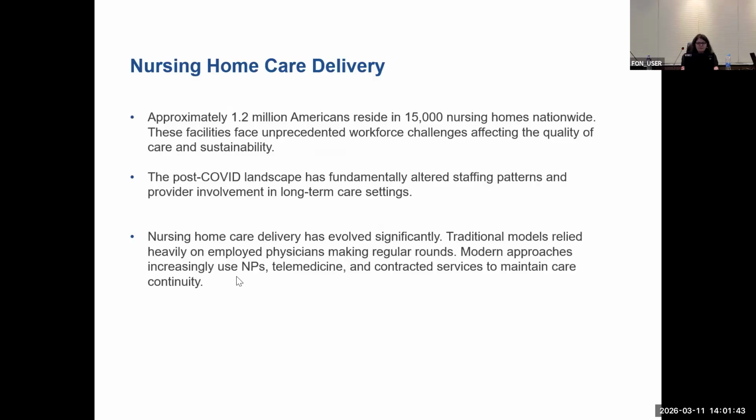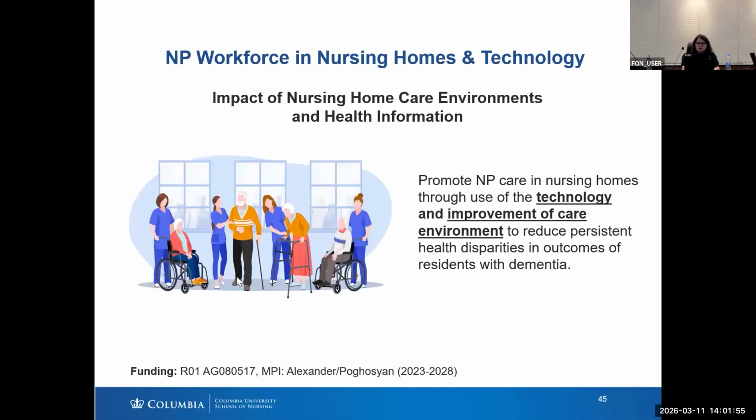And consistently, nursing homes are looking to find a better way to deliver care to adults who live in nursing homes. So we have a project where we are trying to see if nurse practitioners who work in nursing homes are using technology to help them deliver better care to residents in our nursing homes.